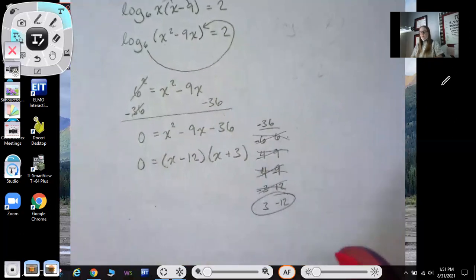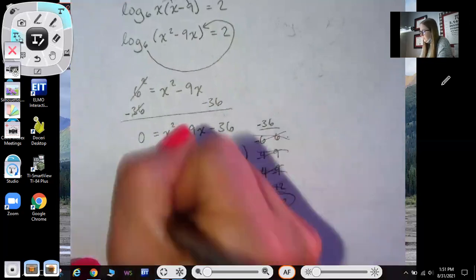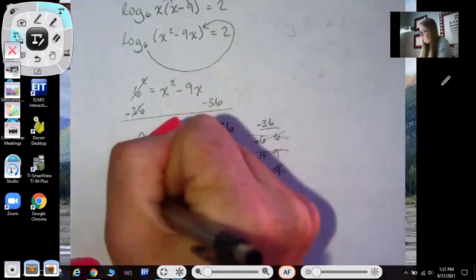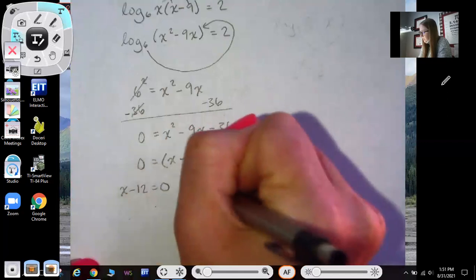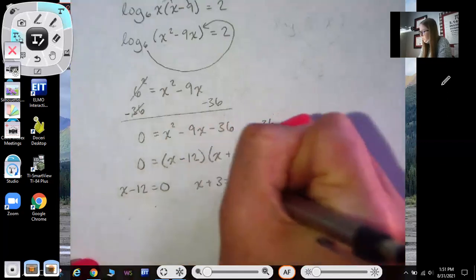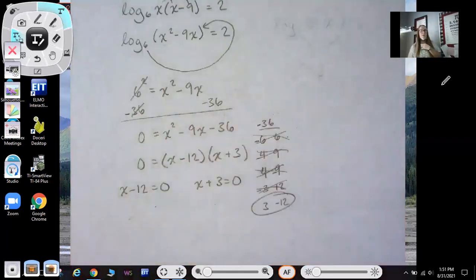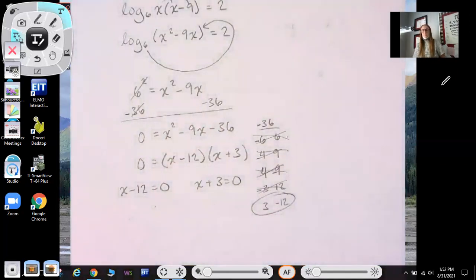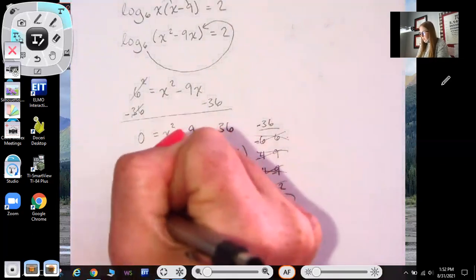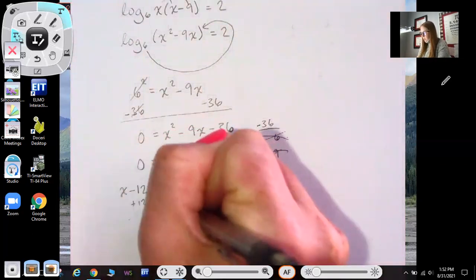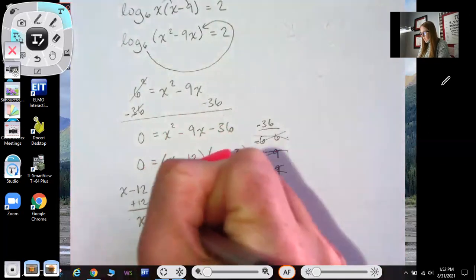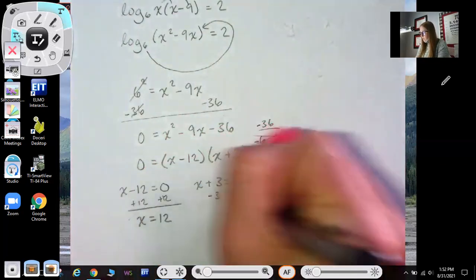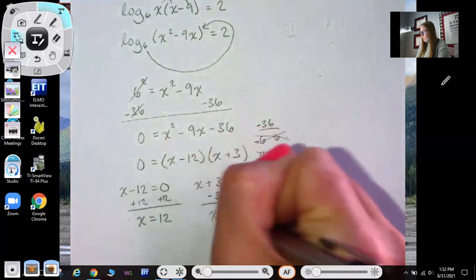After you get your factors, the next step in solving for x is to set each factor equal to 0 separately. So x minus 12 equals 0 and x plus 3 equals 0. Then we can solve each of these equations for x. So add 12 to both sides to get x equals 12. Subtract 3 from both sides to get x equals negative 3.